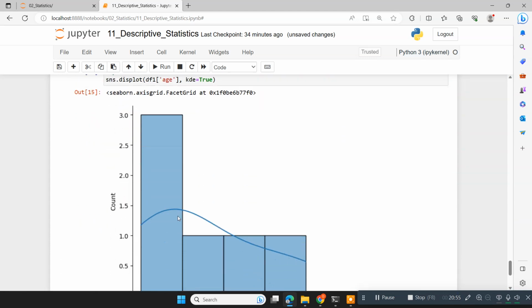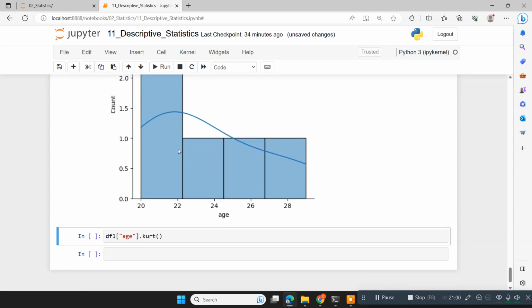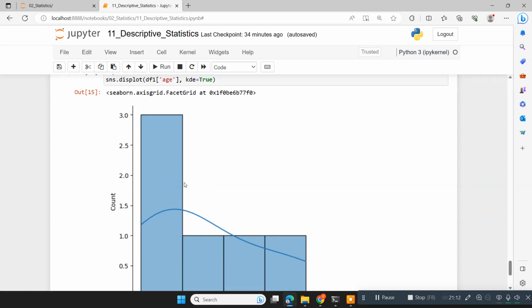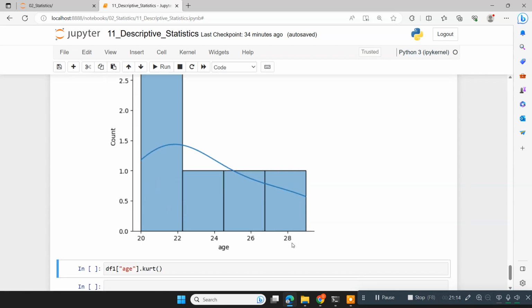You can see the slope is towards the right side, so we can say right skew or positive skew. So we can also graphically know skewness, either positive, negative or neutral. So you can see it's a positive skew.